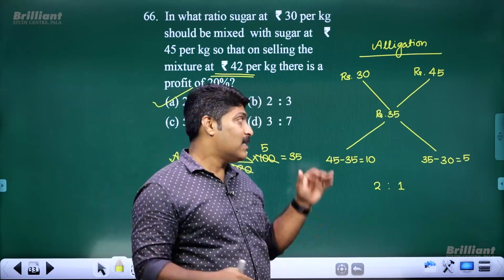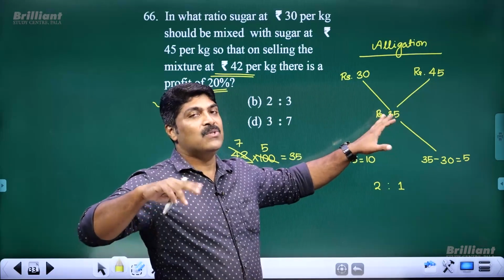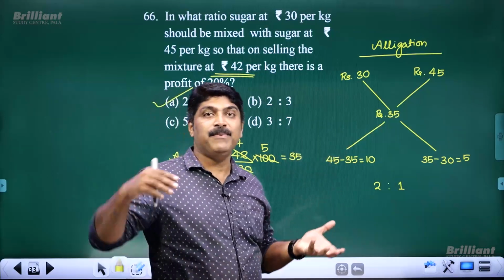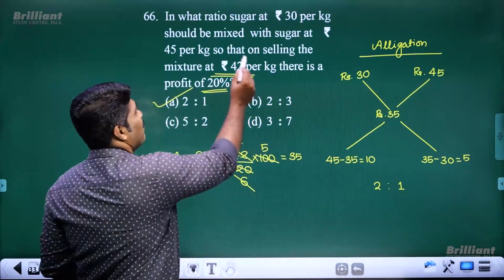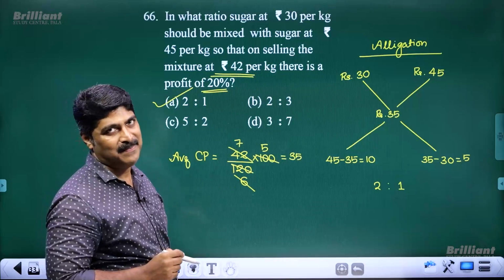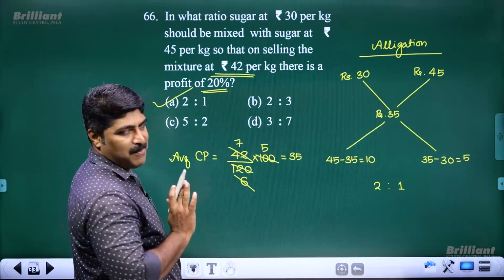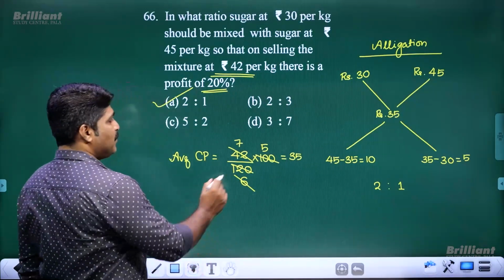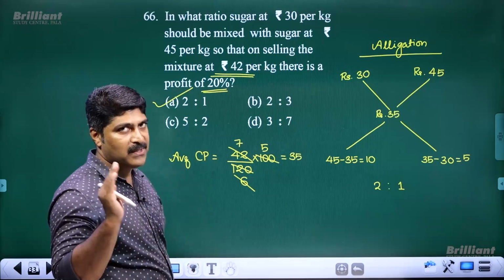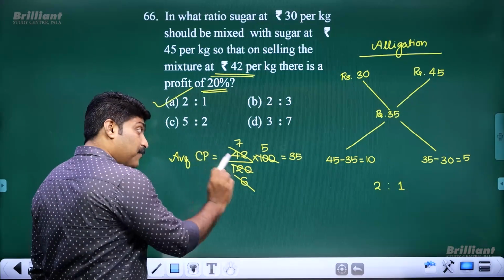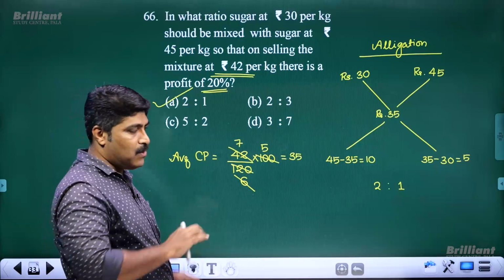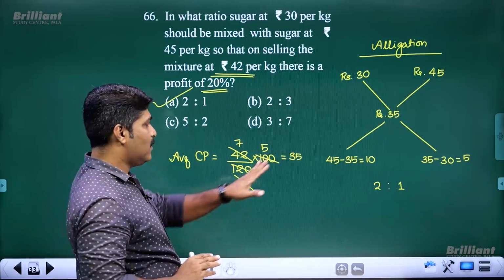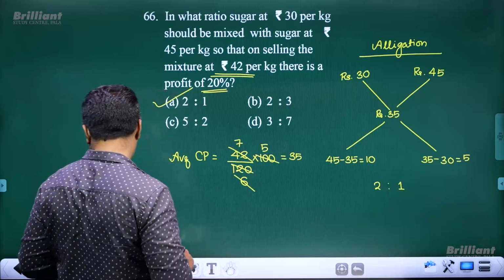When that mixture is sold at 20% profit, its price will become 42 per kilogram. So that's the concept here. The very first approach is very important: the first step of this operation is to find the average cost, avoiding the profit part.